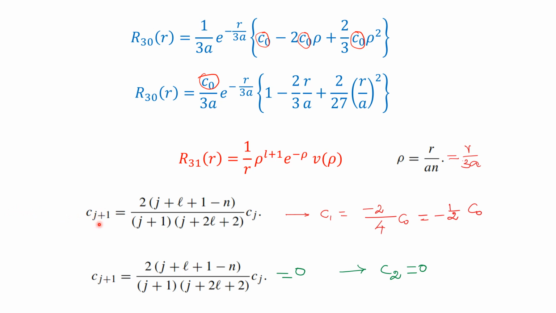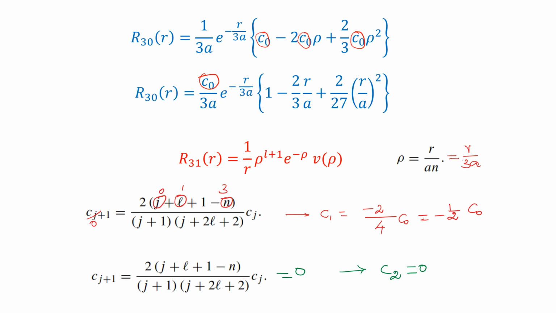Now we will find the coefficients. First, we will find the coefficient for j equal to 0. Here L is 1, not 0 like the previous case. So j is 0, but L is 1 and n is 3.